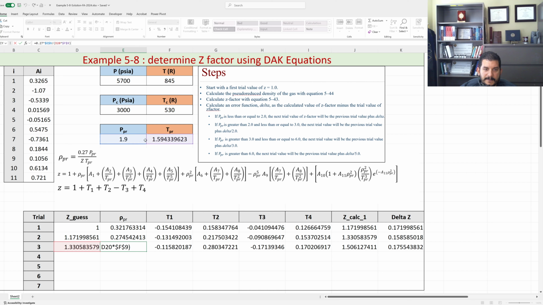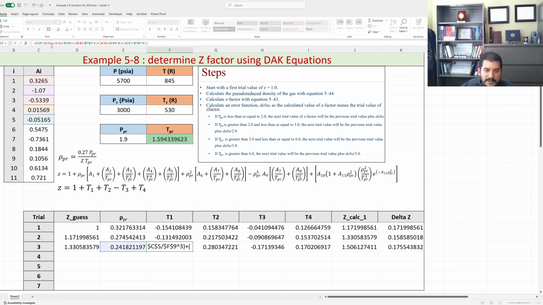Divided by Z, which is this one, the D20, okay, times F9, which is the TPR. So this one is correct. Comes to T1. Let's see. It is A1. Wait a minute.